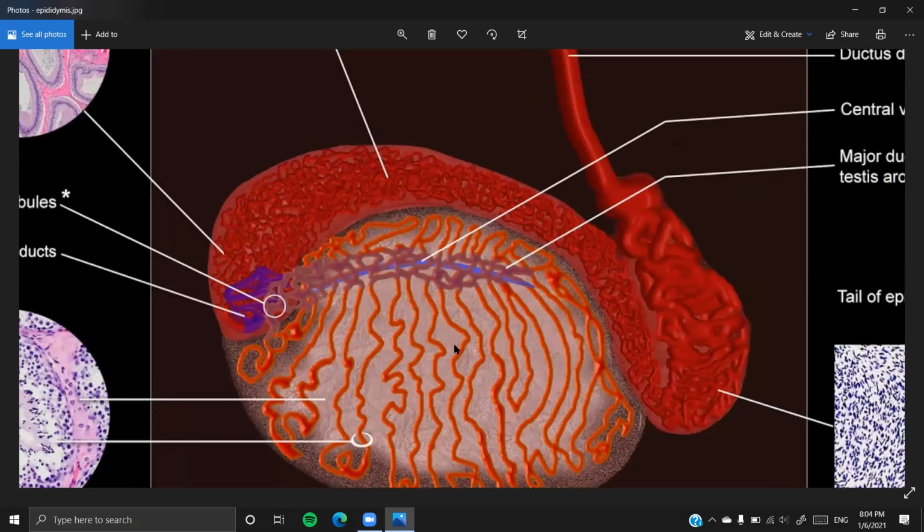So this is the actual epididymis. You can see here the seminiferous tubules giving rise to the straight tubules, forming the vasa efferentia. Okay, the rete testis and the vasa efferentia, then into this long structure, which is the epididymis, which has its caput head, its corpus body, and its tail, which is called the cauda.